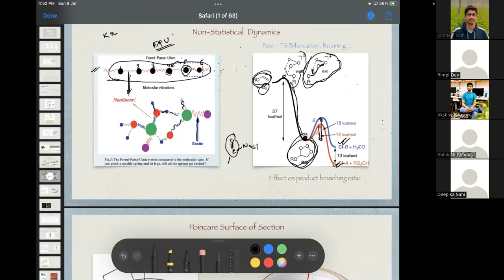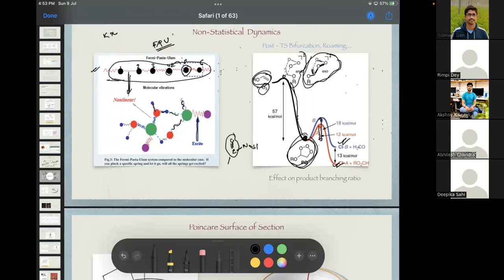So we call this thermodynamically controlled product, right? Now, let's imagine a different condition. Now, let's say the energy from this mode to this mode, so this energy transfer at the transition state is not happening very fast. Let's say at some vibrational mode, a certain amount of energy can get localized, or it can spend a certain amount of time in that vibrational mode compared to the reaction time scale, I'm saying.